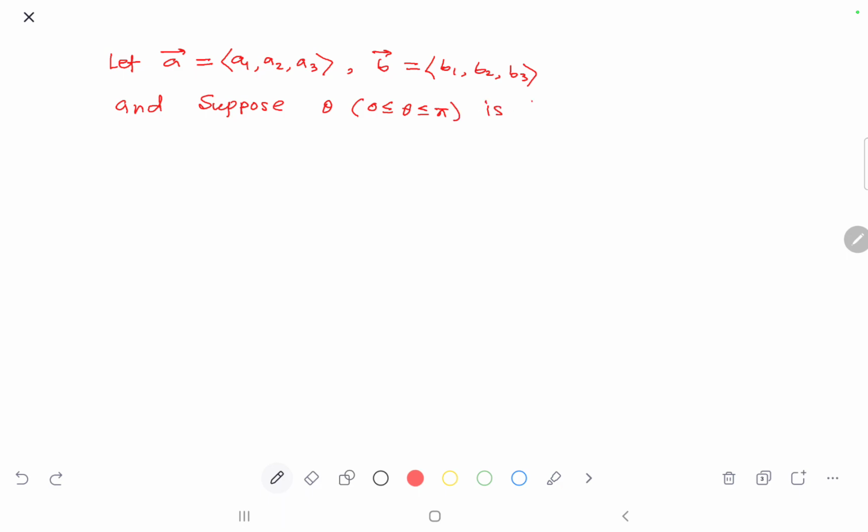Suppose theta is the angle between A vector and B vector. We want to find theta. So the target is here.